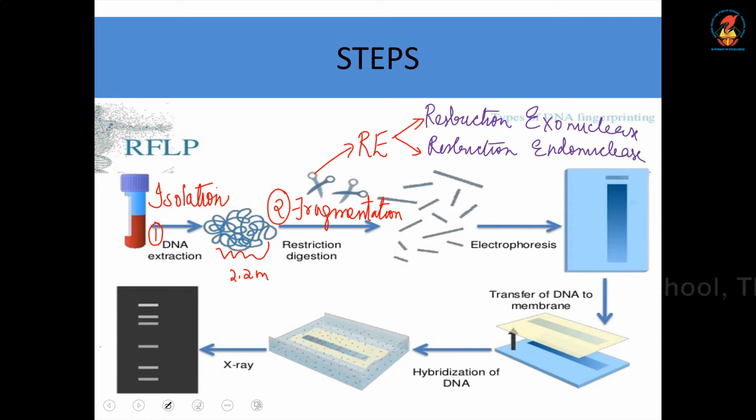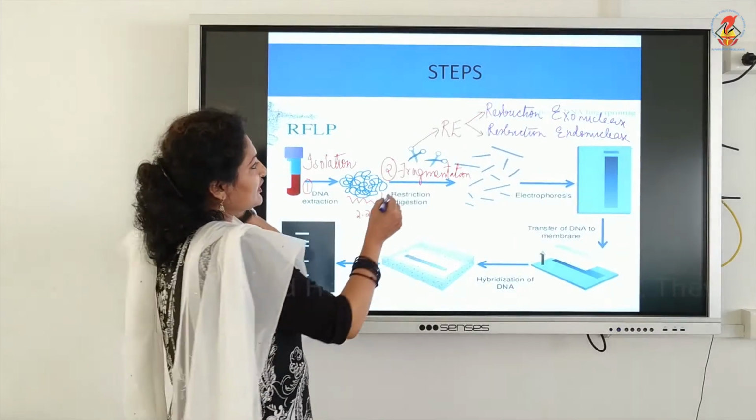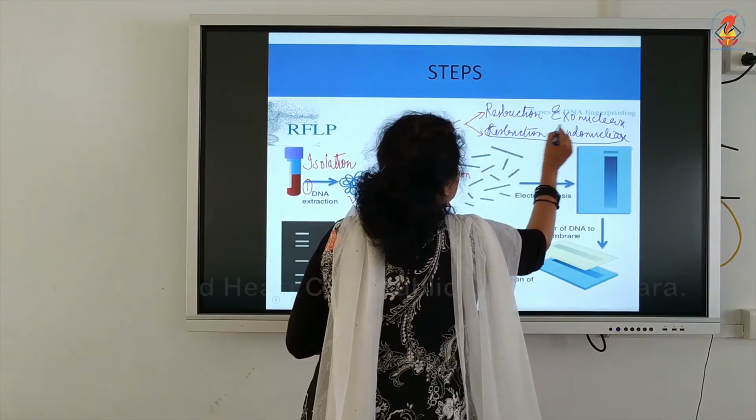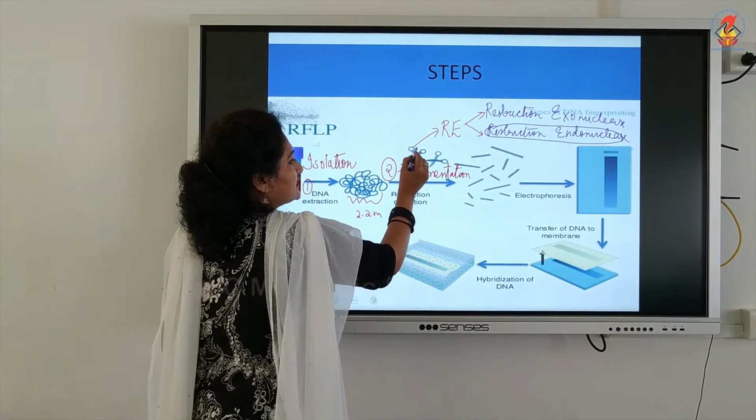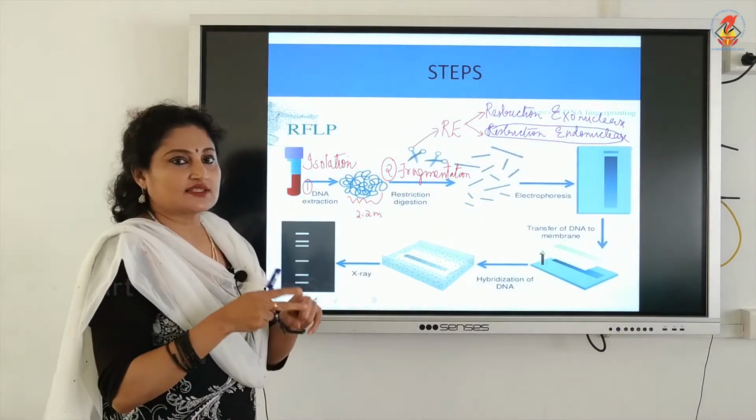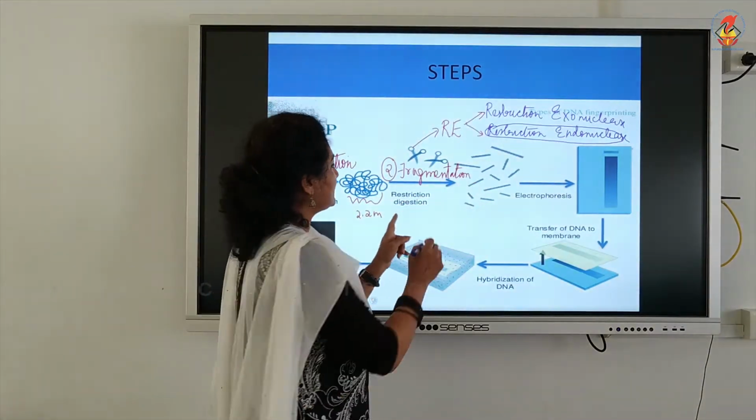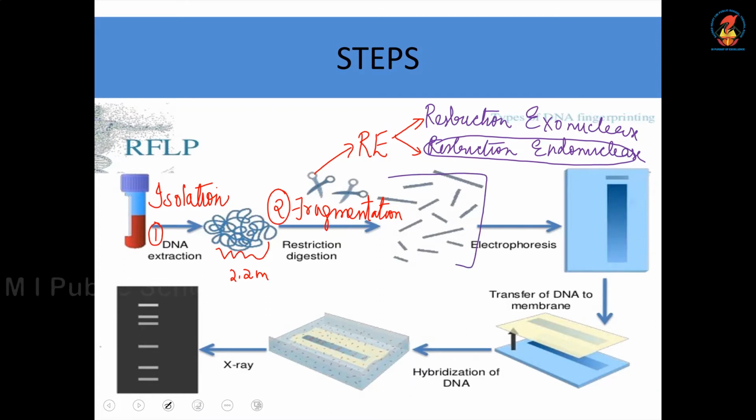The type of enzyme, both are scissors, but the type we are using here is restriction endonuclease. So restriction endonuclease is these scissors. So the purpose is to cut the DNA into fragments. So we get this. So you can see here fragments are obtained. The next step, if I continue with red, is that these fragments are put in an agarose gel. So this is a gel made up of agarose.